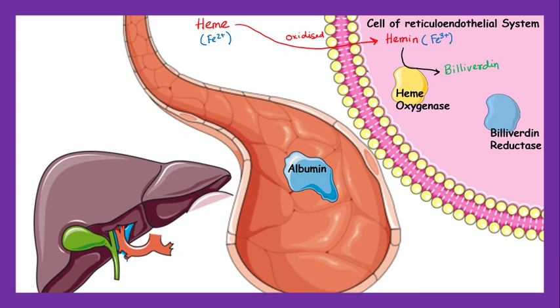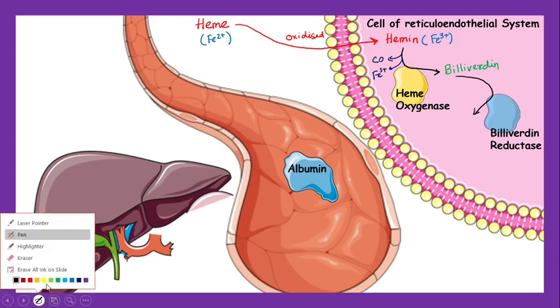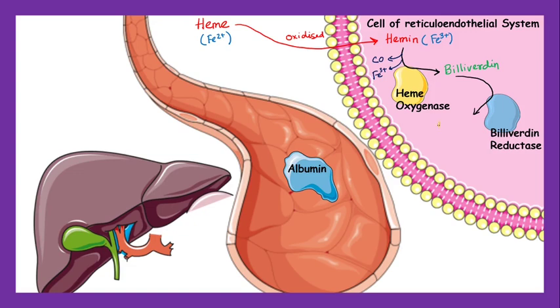Carbon monoxide and the Fe3+ iron. Right? Now this biliverdin is again acted upon by another enzyme, the biliverdin reductase, and it finally forms something known as bilirubin.